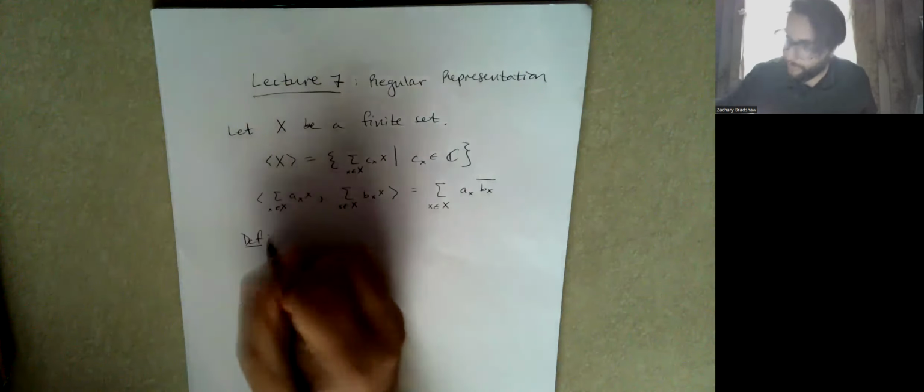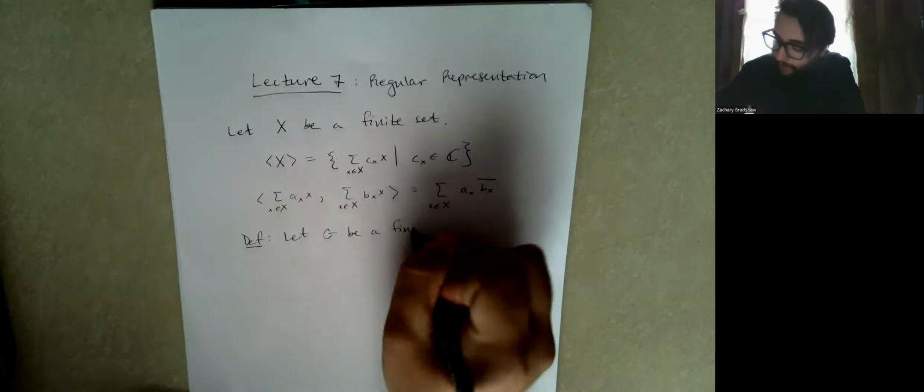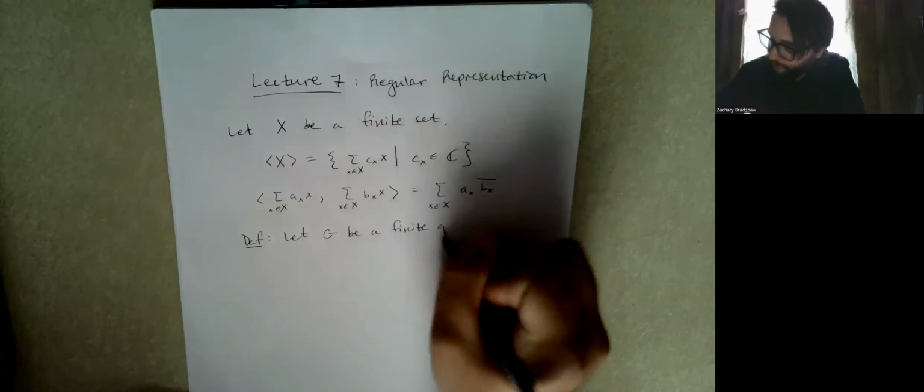Okay, so let's define the representation that we're going to discuss today. Let G be a finite group. Maybe I can stop writing that. We'll just always assume G is a finite group.